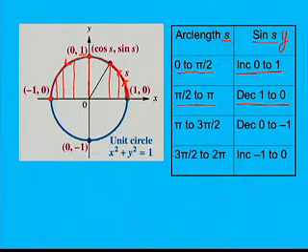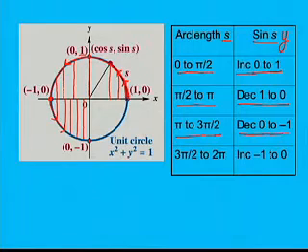What about as we move from pi to 3 pi over 2? In other words, in this direction. This time the y values get more and more negative, which means they get smaller, until they reach their minimum value, this time of -1. So in that quadrant, it's decreasing from 0 to -1.